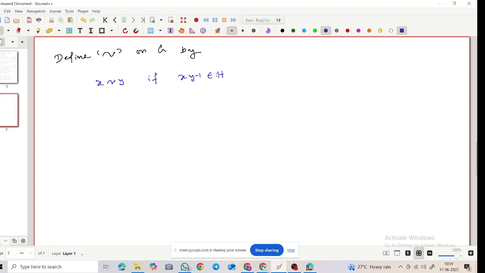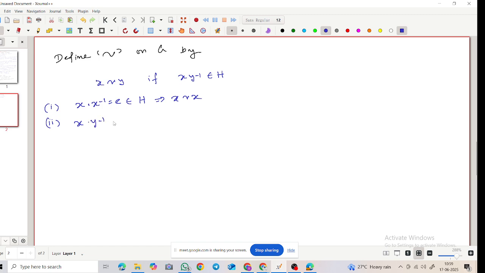So, is this an equivalence relation? Because x x inverse is equal to e, which is in H, so x is related to x.